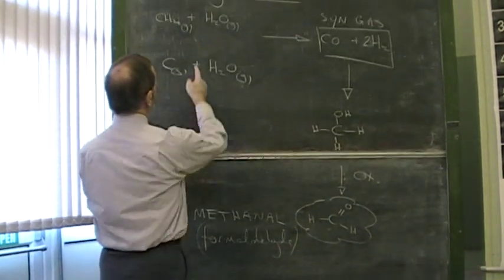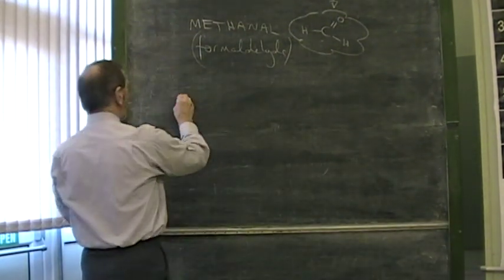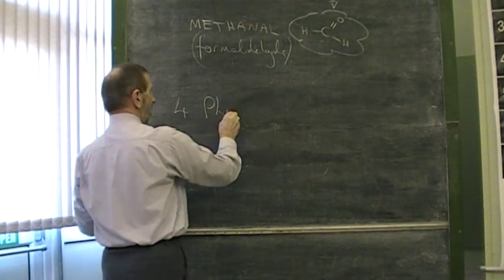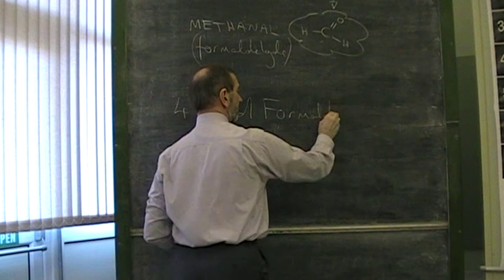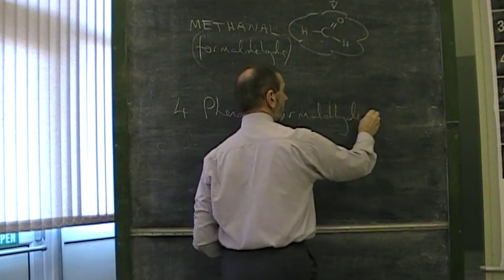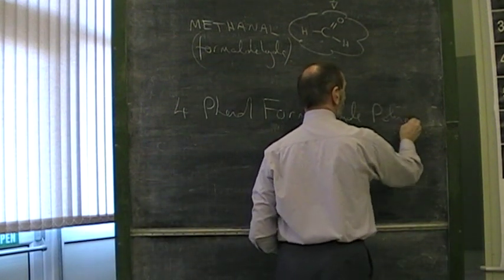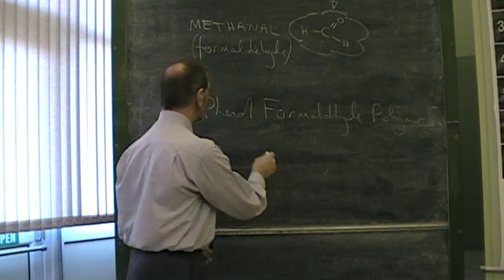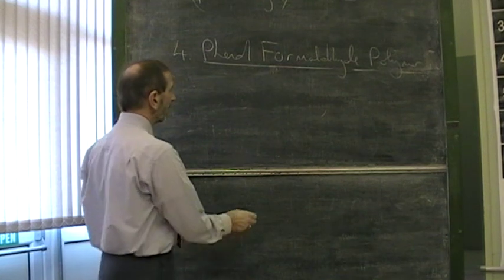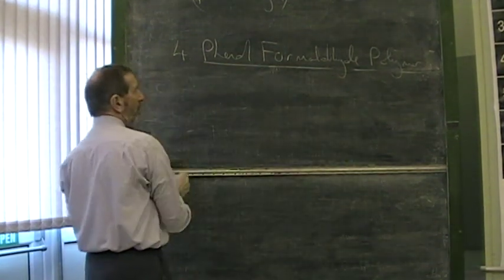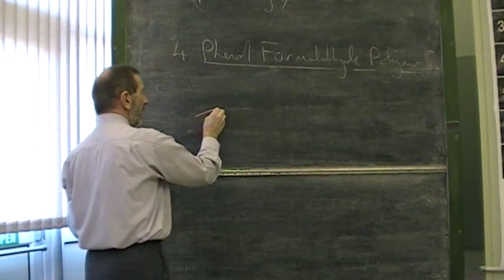The last piece in this puzzle is to make the polymer. So here we are, that was number 3. Number 4 is looking at this phenol formaldehyde. Phenol formaldehyde is a polymer. It's a condensation polymer. So let's have a look at this. Now, phenol, there's a clue in the name.